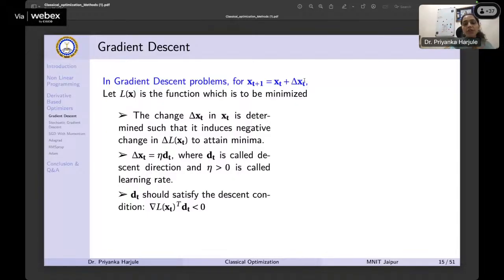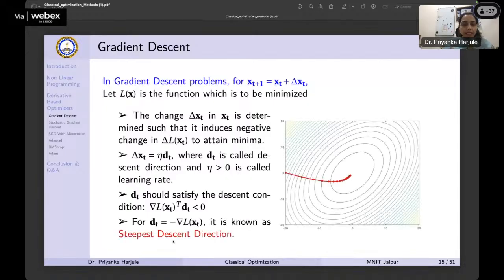This is what we call basic gradient descent. The update rule here is xt plus 1 equals xt minus eta times the gradient of L of x of t. So we have this change as the negative gradient of the loss function at the point xt. This is the steepest direction.